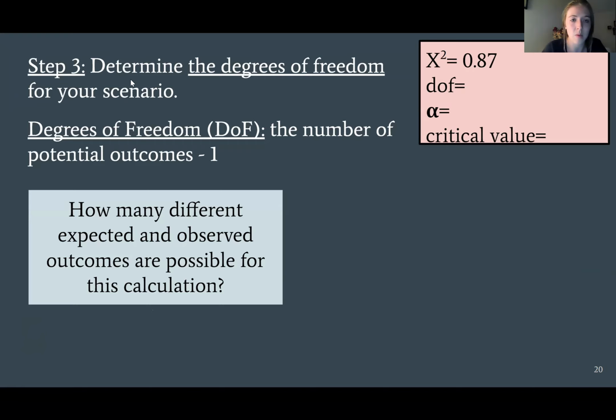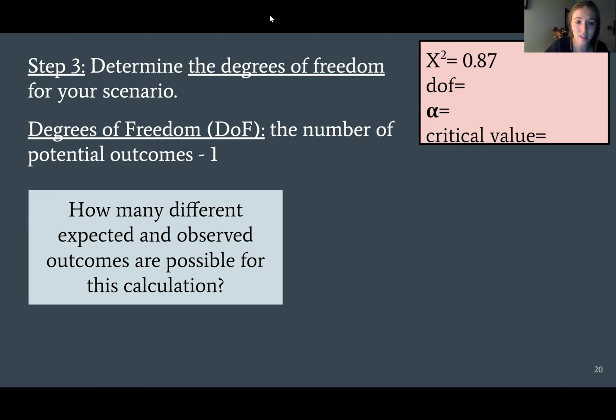And the first value is going to be the degrees of freedom for our scenario. So you need to figure out how many degrees of freedom are in our particular example. So the degrees of freedom represents the number of potential outcomes minus 1. So the question I have for you here is, how many different expected and observed outcomes are possible for this calculation?